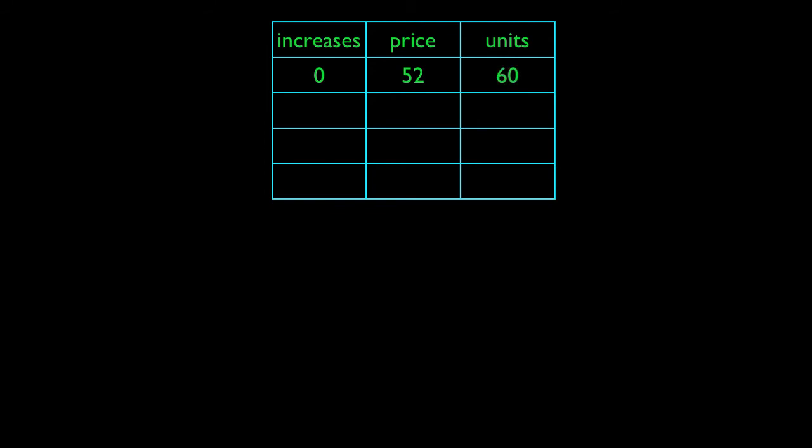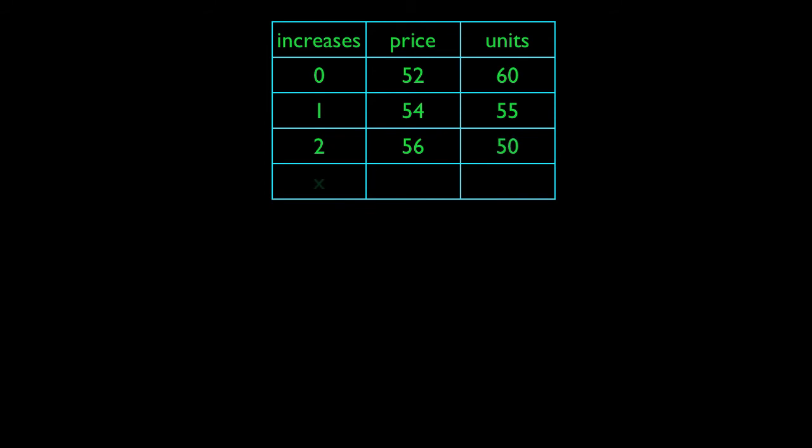However, if I make one price increase, in other words, I up the price by $2, it becomes $54, and the number of vehicles drops to 55. For 2, my price is now fully up to $56, and the number of vehicles serviced would fall to 50.